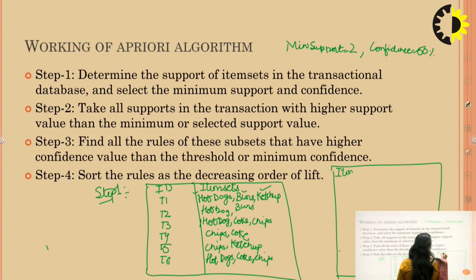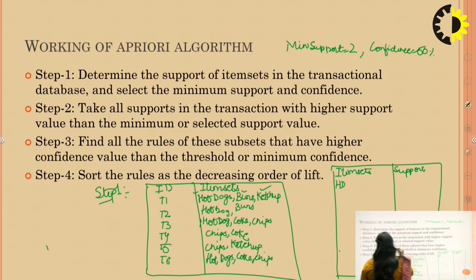Item sets and the support count. Now item sets can be here a hot dog. Like I will write here hot dog. I'll write some abbreviations here.